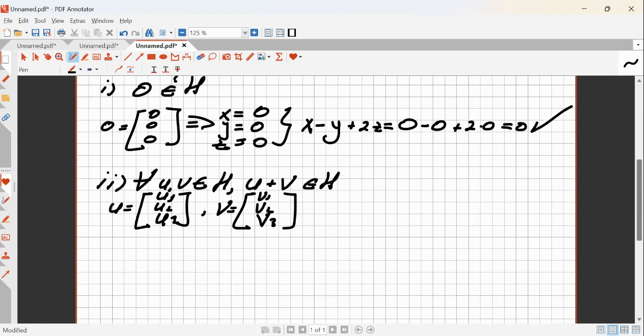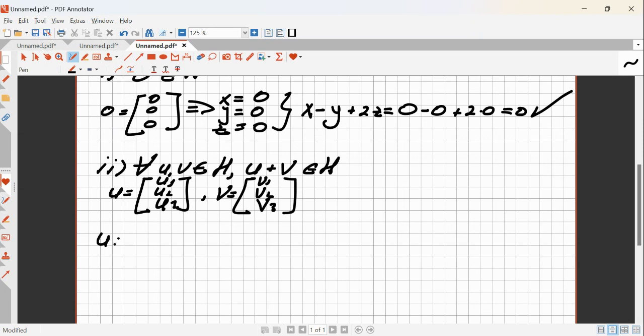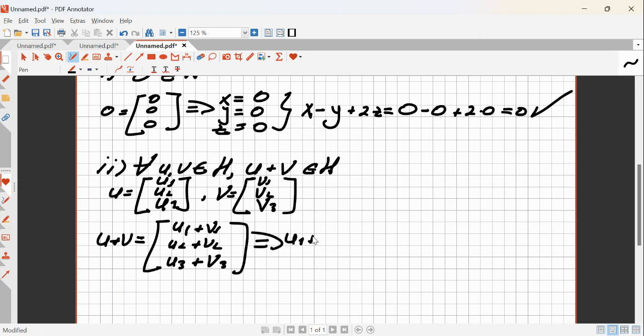So their addition is going to be u1 plus v1, like the addition of matrices. There is no mistake, so it's okay. Let's add all of them, let's add rows. So it's going to be u1 plus v1, u2 plus v2, and u3 plus v3.